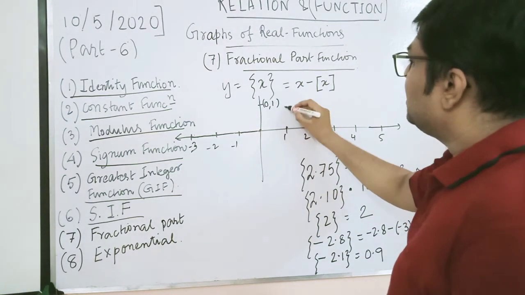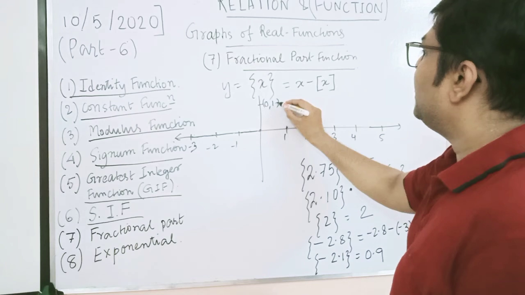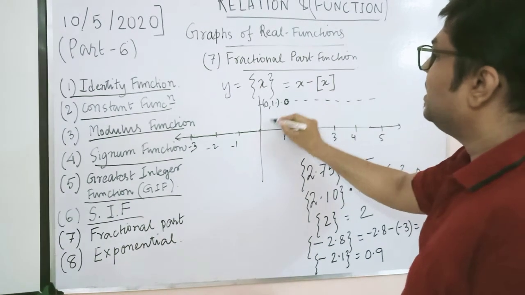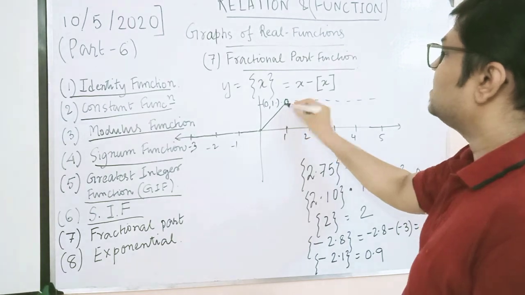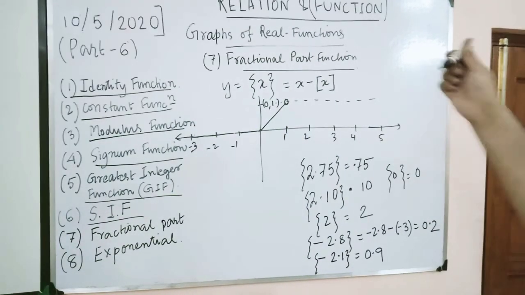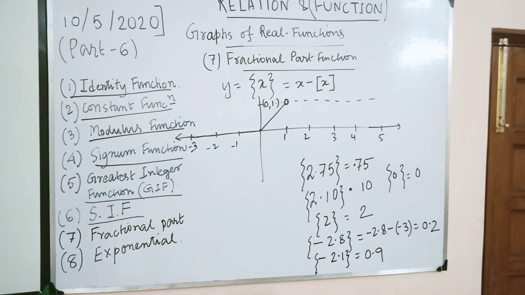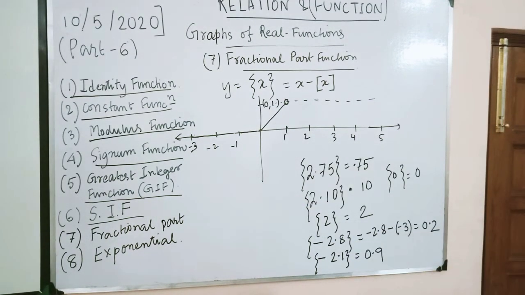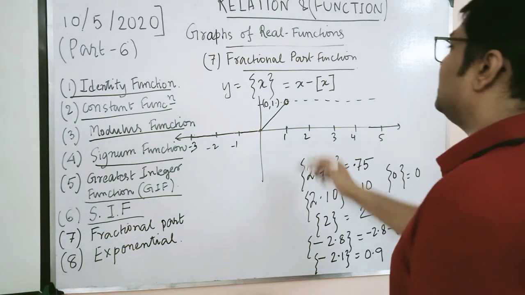That means this point, that means this line, if you consider 1, this point is not taken. It moves up to this, like this. And why is it a kind of sloping straight line? Because look at this, it's y equals x sometimes, so it becomes a kind of sloping straight line.